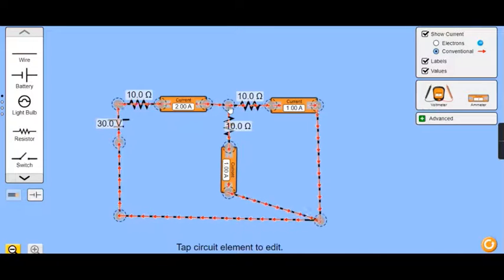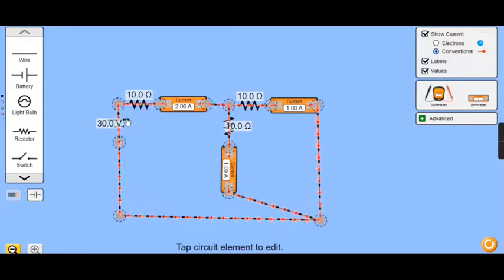So this is your junction, or this is your node. So I1 is equal to I2 plus I3. 2 ampere is equal to 1 plus 1, so you will get this incoming current of 2 ampere.